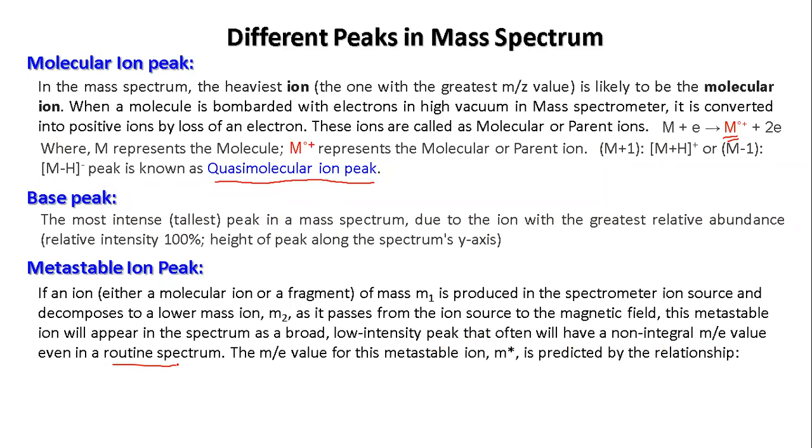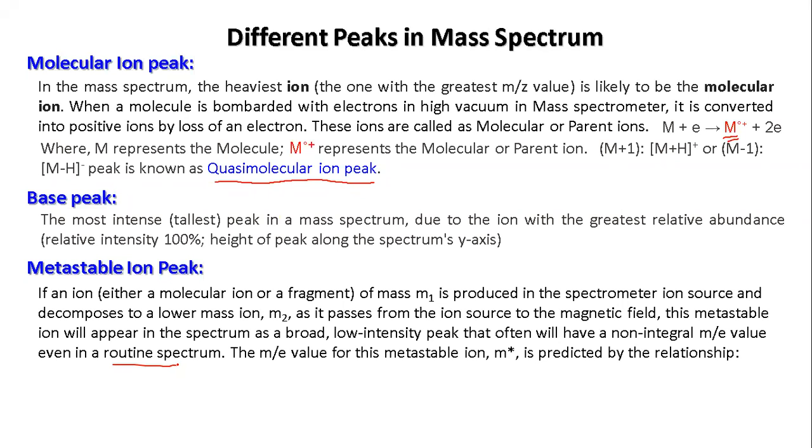In the regular spectrum, whatever ions you have, you can correlate them. If you analyze, you will see the lower mass ions are somehow correlated to the higher mass ions. Something has been removed and the lower mass has been formed, so you can easily correlate.